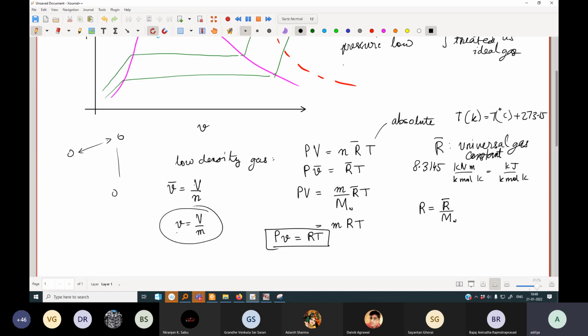This we know by definition. Any doubt so far? There should be absolutely no doubt in this.